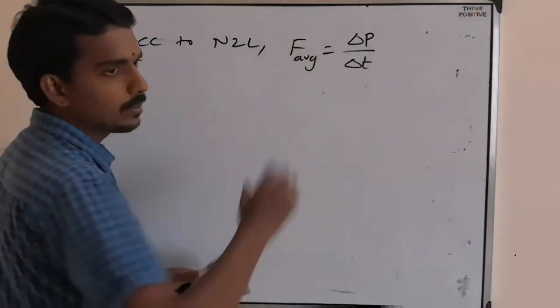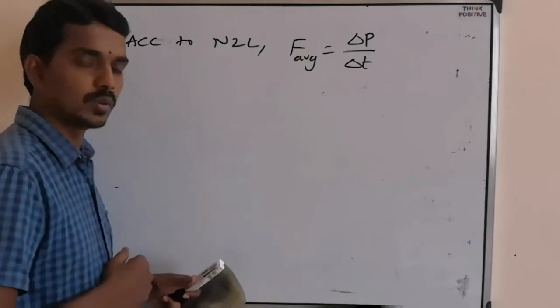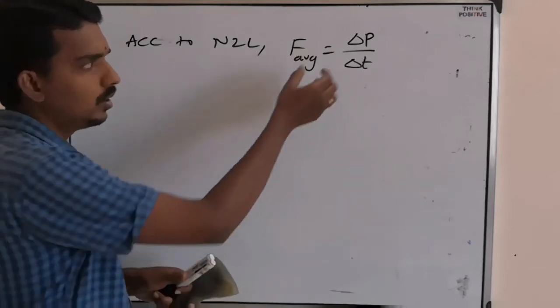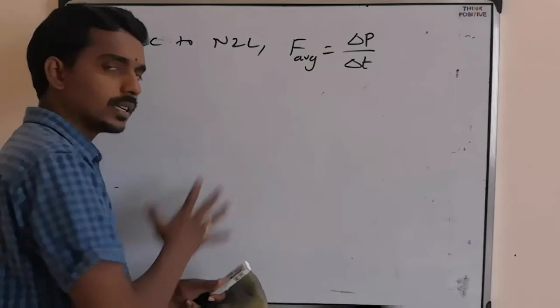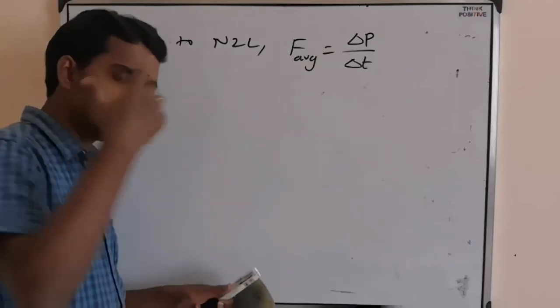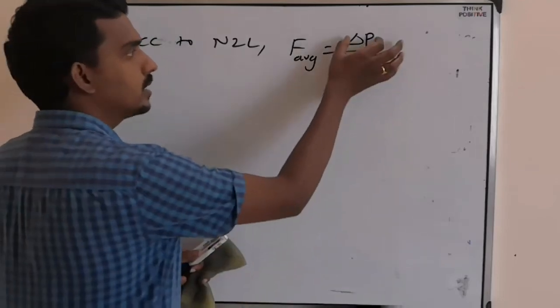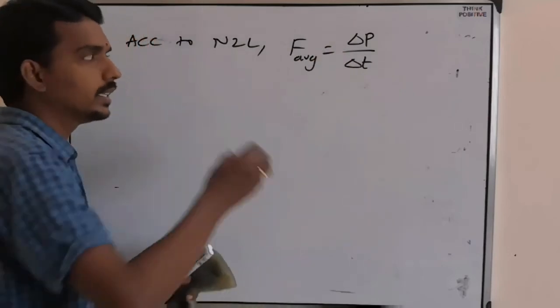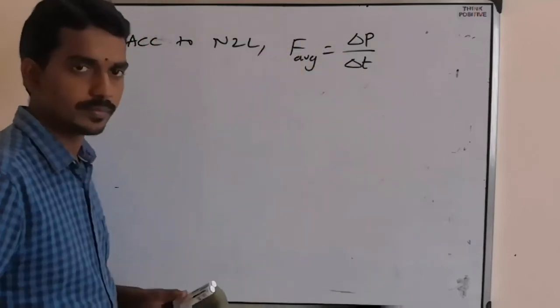But delta P by delta T is average force. So the force acted for some time, then there is a change in linear momentum, that is delta P by delta T, then it is called average force.